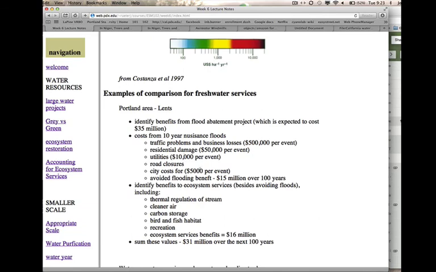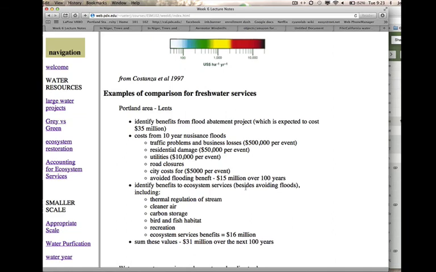There's utilities and city costs. And just over 100 years of these 10-year nuisance floods, if you could avoid those floods, you would save yourself $15 million over 100 years. And these are all normalized to the current dollars.